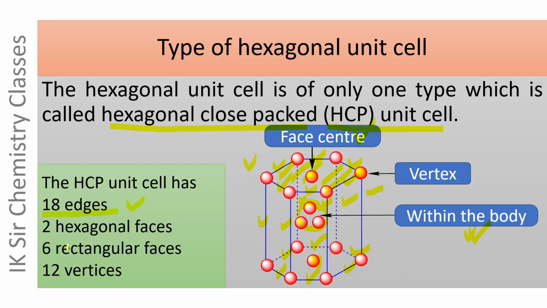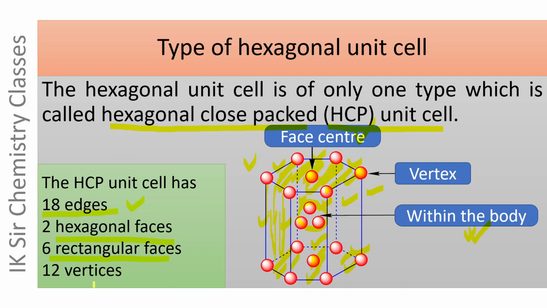It contains 2 hexagonal faces, one hexagonal face on the top side and one hexagonal face on the bottom side. 6 rectangular faces. This is a rectangular face, present in vertical position, and there are 6 such rectangular faces.